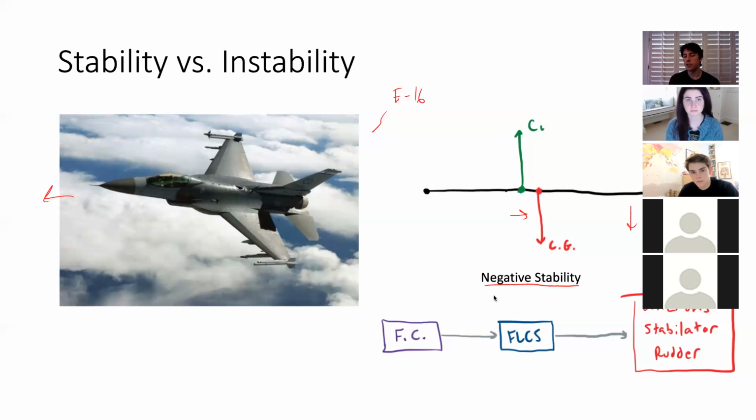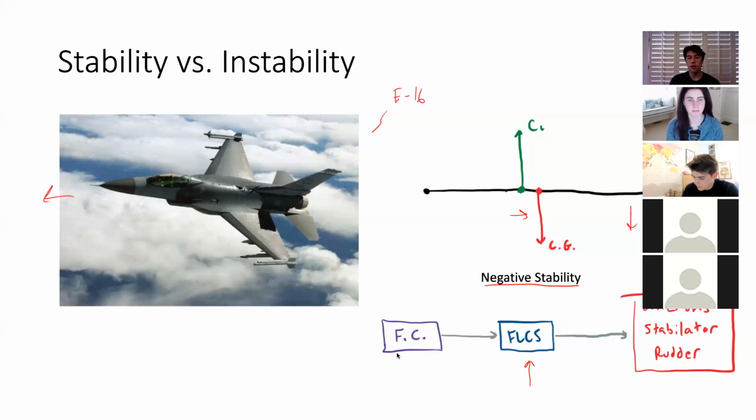The problem with negative stability is that the aircraft is really, really unstable. So if the pilot were directly controlling the flight controls, they wouldn't be able to control the aircraft at all. In fact, they have to use something called a flight control computer system to basically fly the aircraft for them.